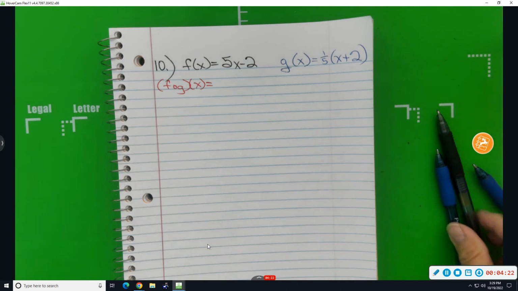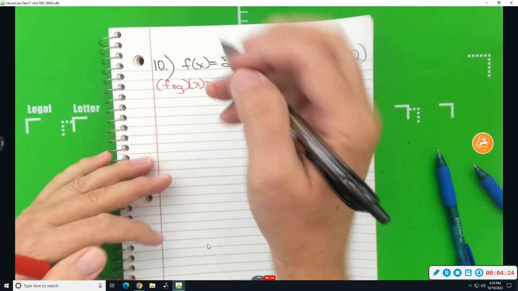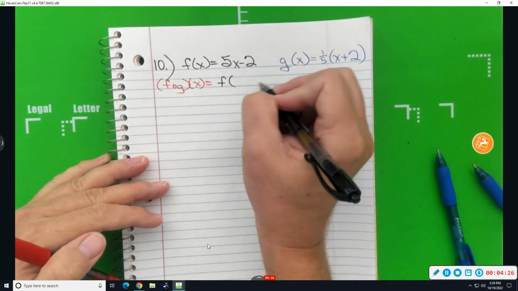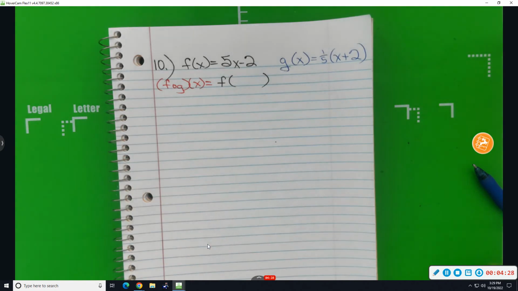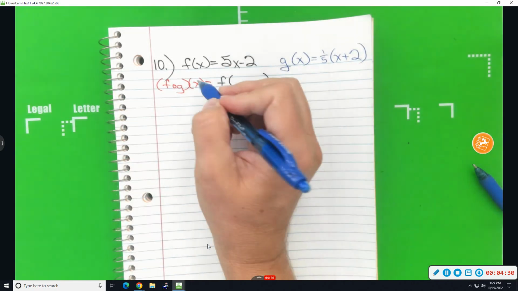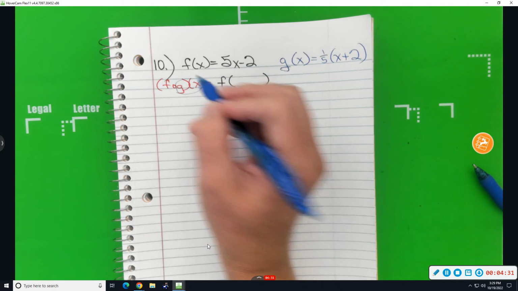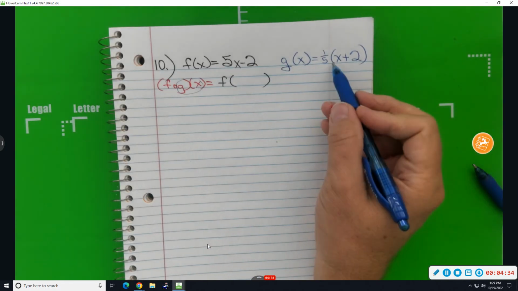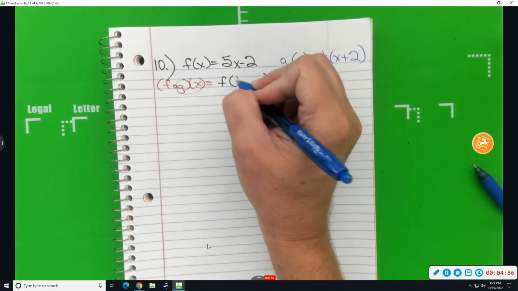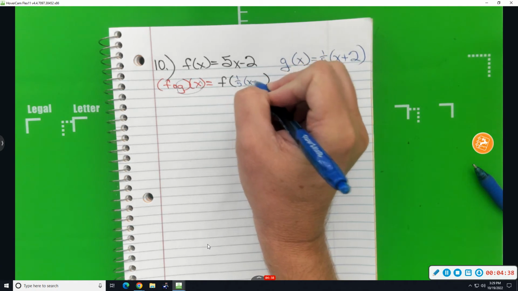So, f is on the outside. G of x is on the inside. And we know g of x is 1/5 times x plus 2.